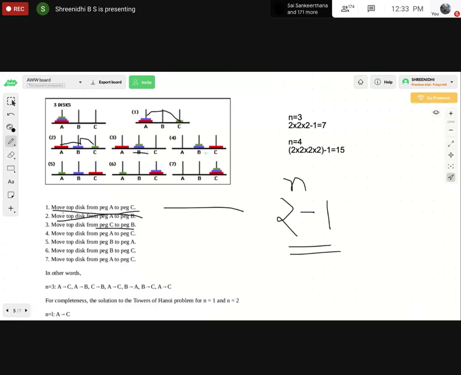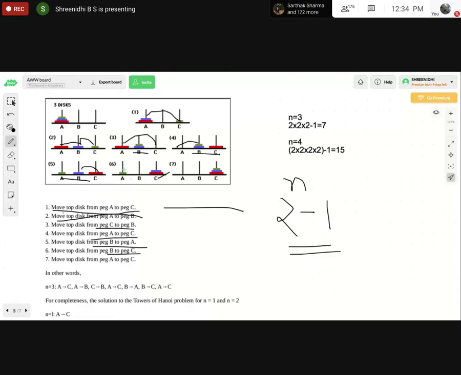Next, I'll move this A to C, peg A to peg C. Got it? After this step, I'll be moving B to A, this smaller one to A. Next, peg B to peg C, so this second one will be moved to the destination.